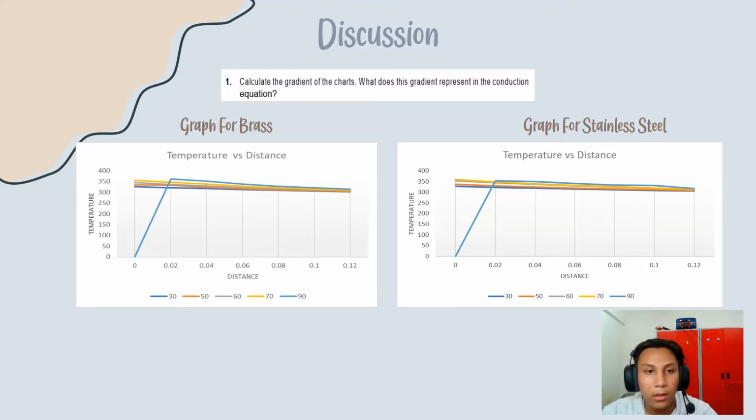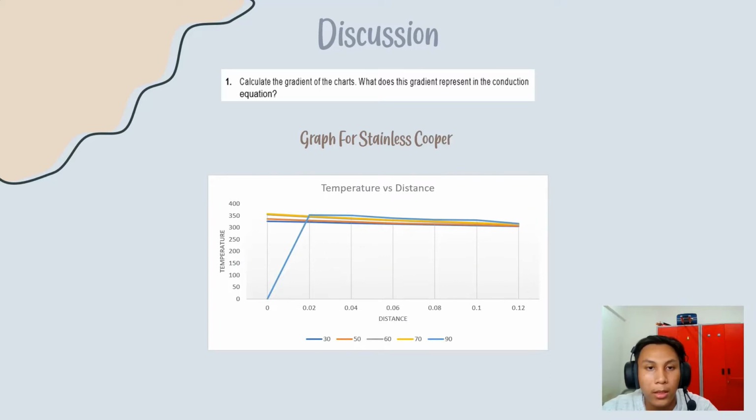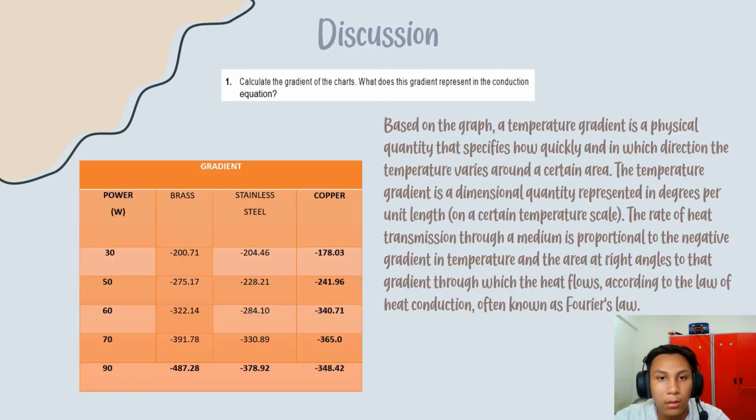Okay, first we need to create a graph for all three materials, which are brass, stainless steel and copper. This is the graph for the brass, and the right side is the graph for stainless steel, and then this is the graph for copper.